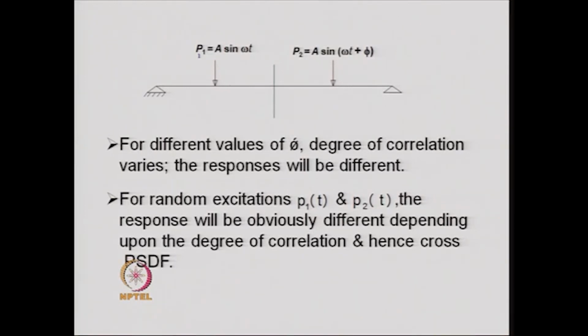That is the physical meaning that we can attach to the cross power spectral density function of two random processes. In that case P1 will be a random process, P2 will be another random process, but having a phase lag, and since they are not perfectly correlated, they will have a distinct contribution or influence on the response of the structure.